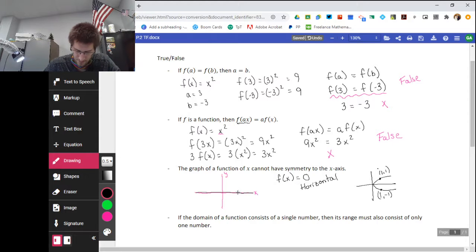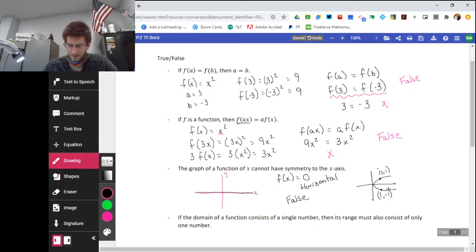Well, in this case, if you flip y equals 0, f of x equals 0, over the x-axis, it's going to be the same exact line. So this would prove this false as well, and our counterexample would be f of x equals 0.